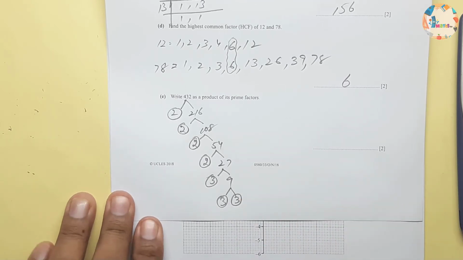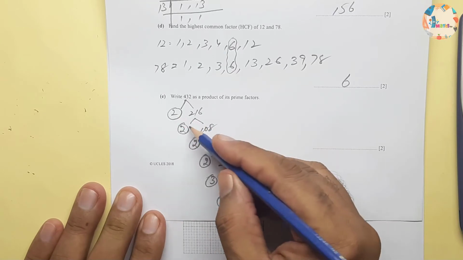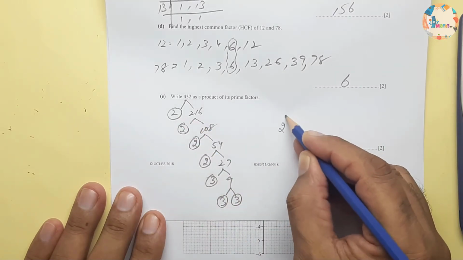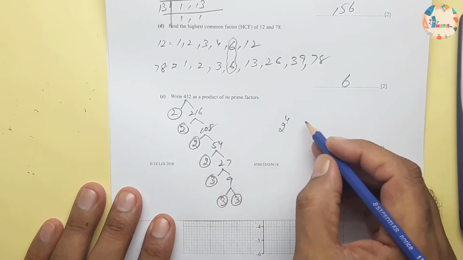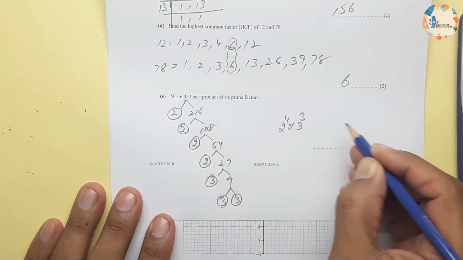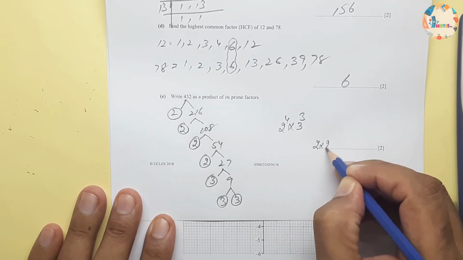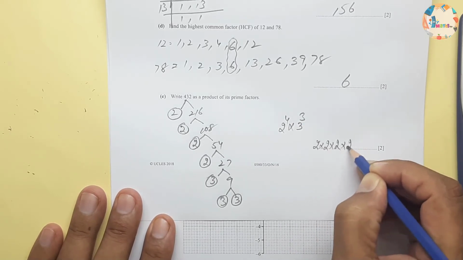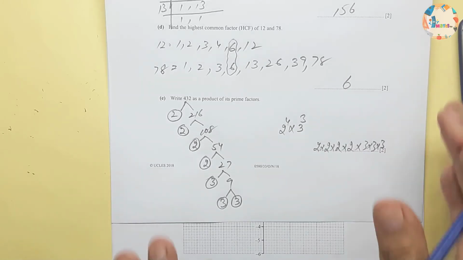So this will be the tree, and we count 1, 2, 3, 4. So we can write 2 raised to the power 4, or 2 into 2 into 2 into 2, and 3 raised to the power 3, or 3 into 3 into 3. That's all. This will be our answer.